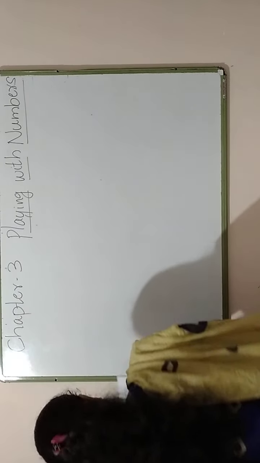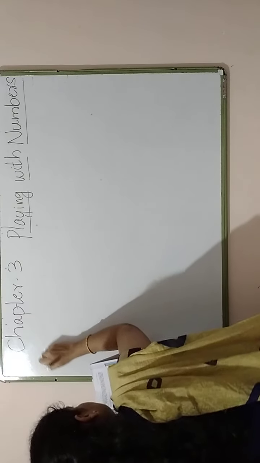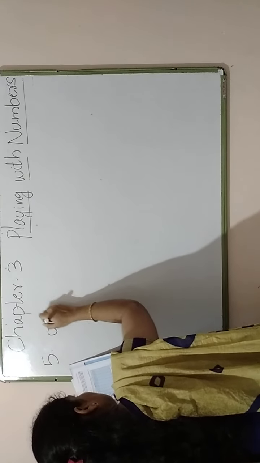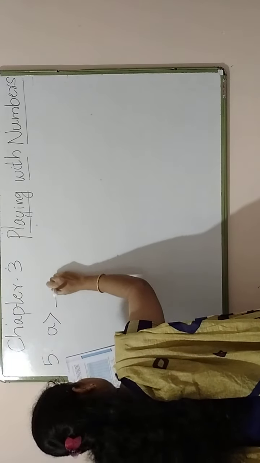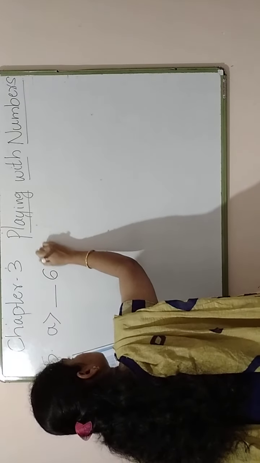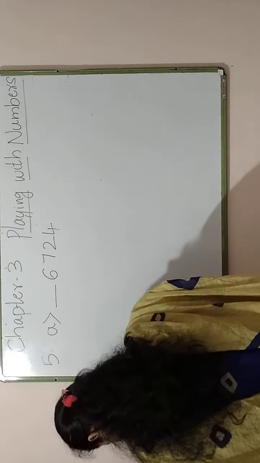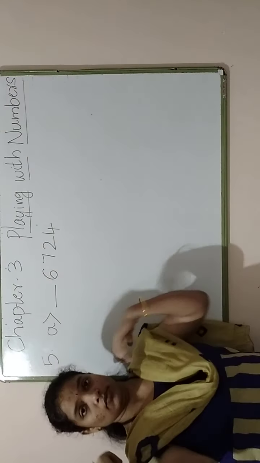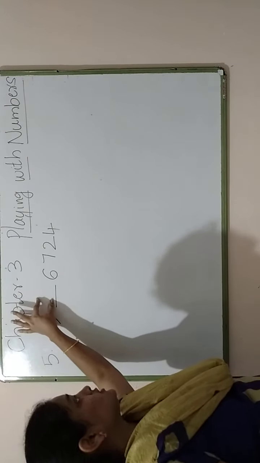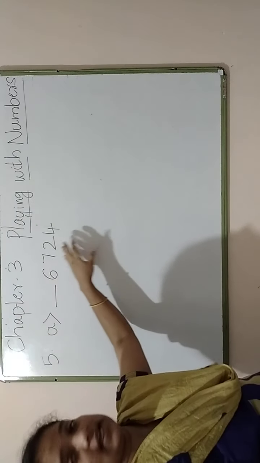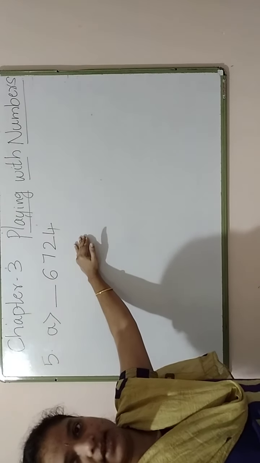This is question number 5, A dash 6 7 2 4. We want to fill this blank so that this number is divisible by 3.